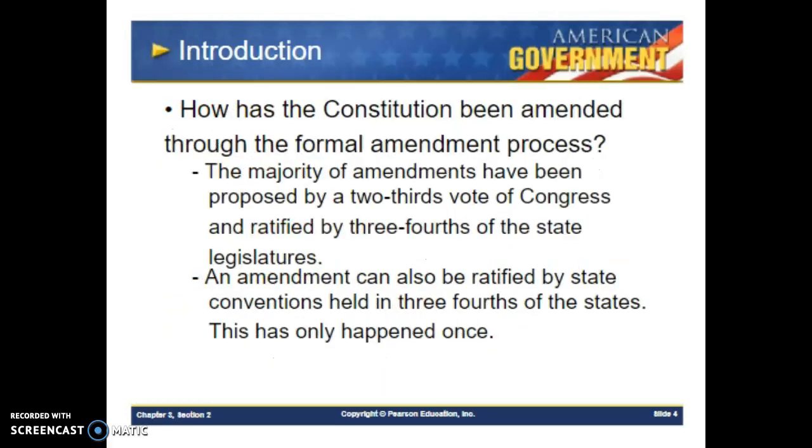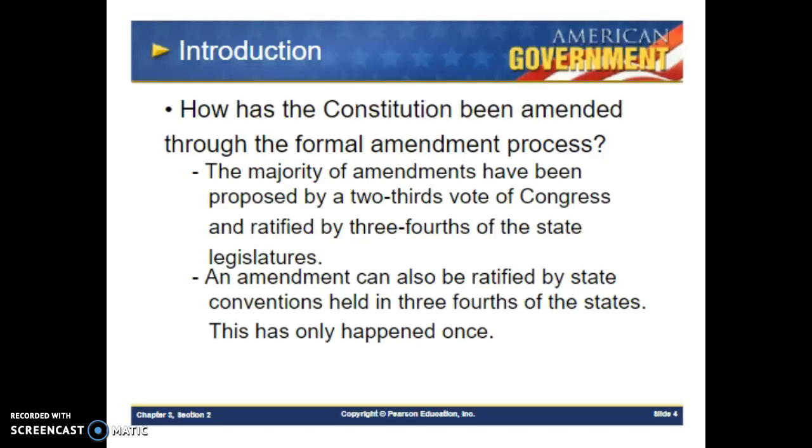All right, so introduction. How has the Constitution been amended? Through the formal amendment process. The majority of amendments, and again, there are 27 amendments. 1 through 10 are the Bill of Rights, but there are also additional amendments, 11 through 27, that have been added. They have been proposed by 2/3 vote of Congress, all right, so this is the U.S. Senate and U.S. House of Representatives, and ratified by 3/4 of the state legislatures.